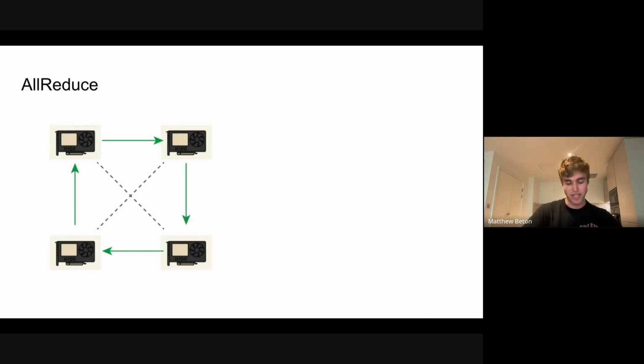The all reduce algorithm works in stages, but at each step each device passes a portion of the tensor to the next device. So they're only communicating with the previous device and the next device. So this could scale up. If you had 8 devices, for example, you would have a lot more than just 6 connections here.